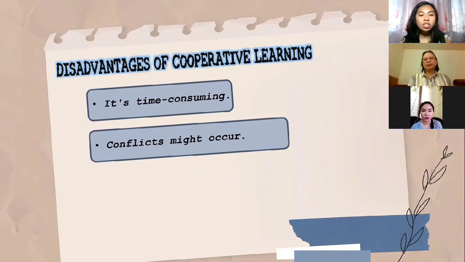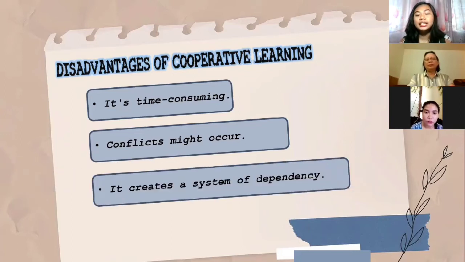Next, conflicts might occur. We can't avoid conflicts because we have different ideas. Some are close-minded students who don't share their ideas and need their ideas to be followed, so conflicts might occur.